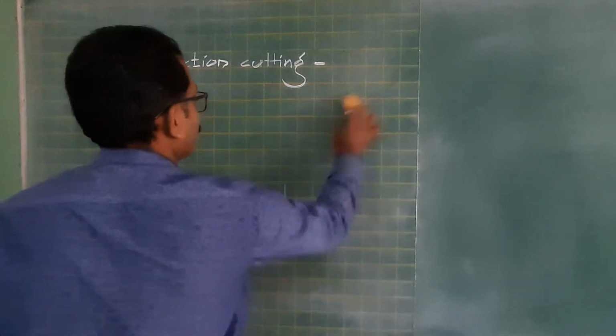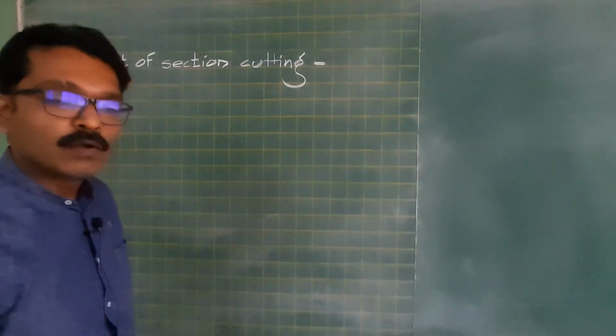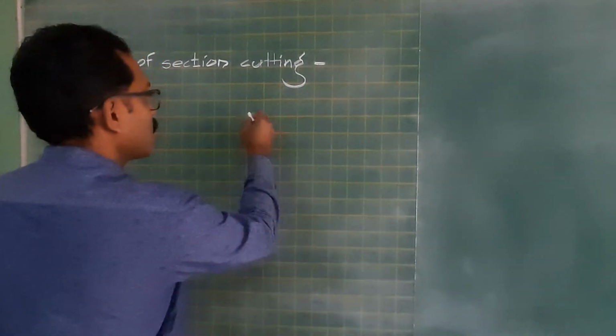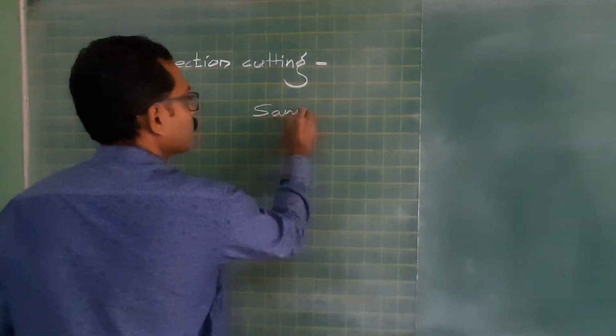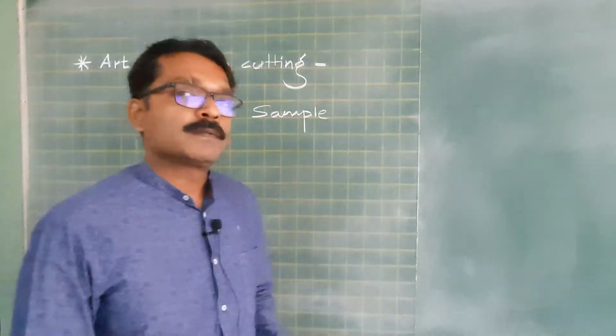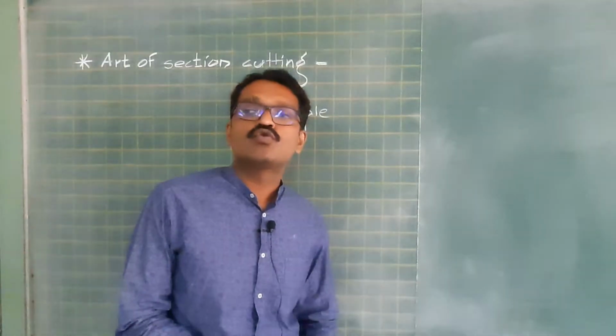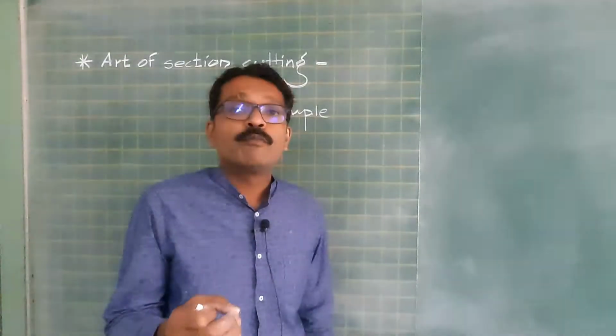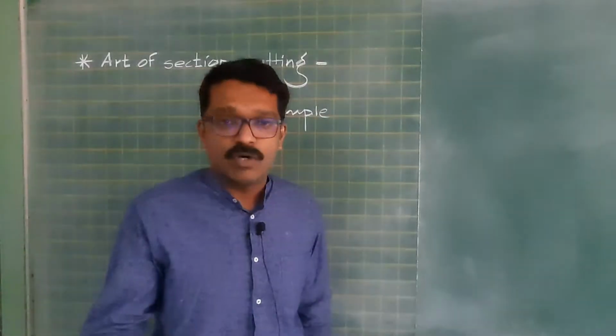Now first we will discuss how to choose the sample. Now in this case, if you really want to choose a leaf, it should not be too young or too mature.